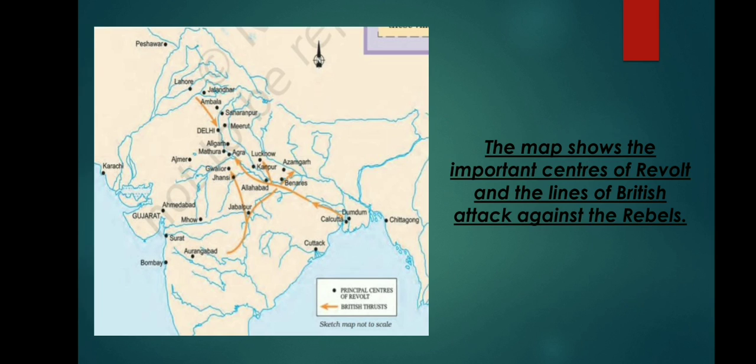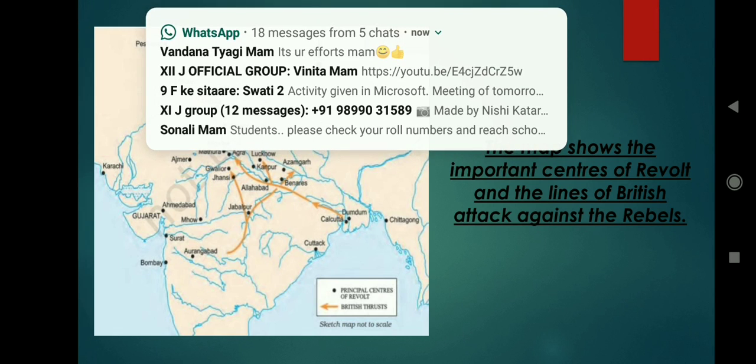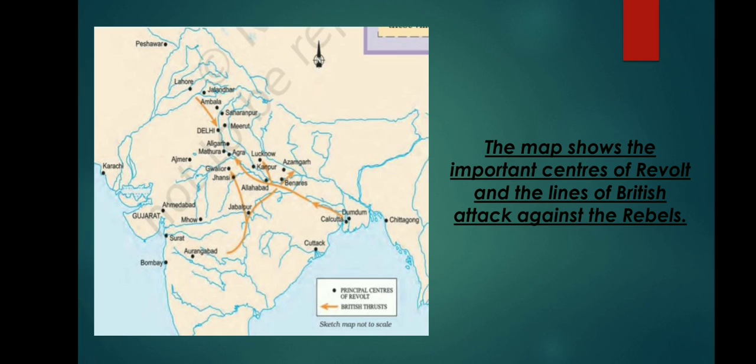After that, this map is showing you the major centers of the revolt like Delhi, Agra, Mathura, Lucknow, Kanpur, Azamgarh, Jhansi, Allahabad, Jodhpur, Ahmedabad, Jabalpur, Aurangabad, Calcutta, etc. Here, we will also discuss through these yellow lines how the Europeans finally repressed the revolts of the rebels.